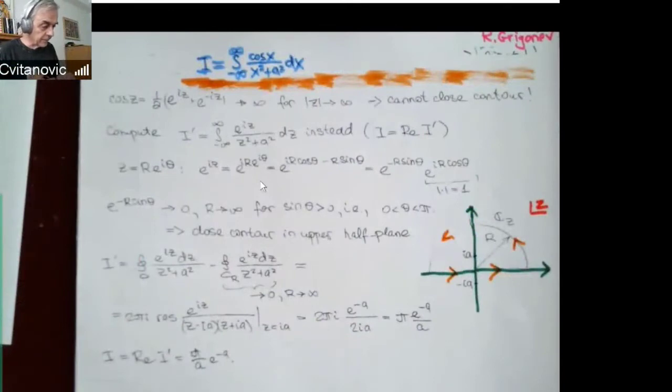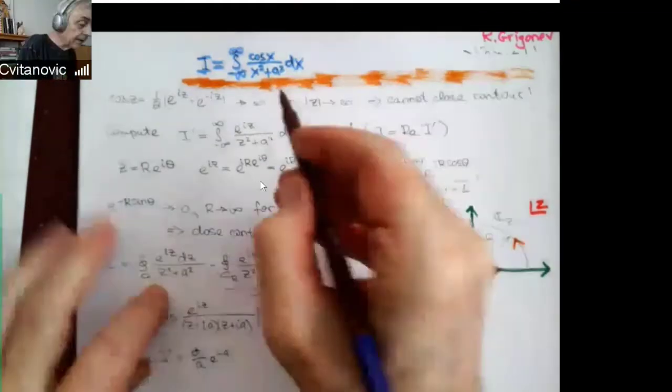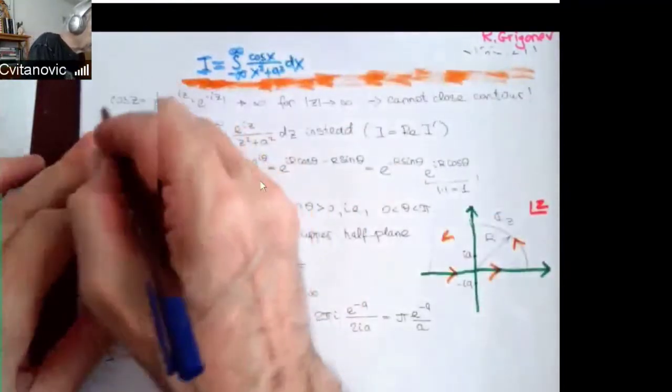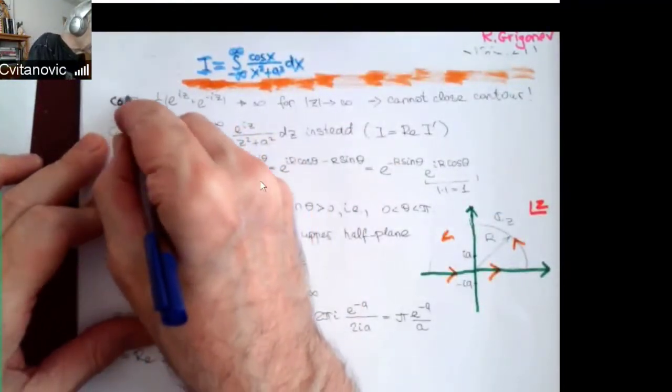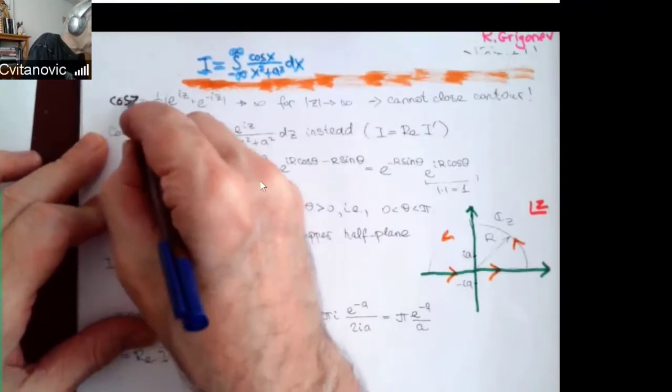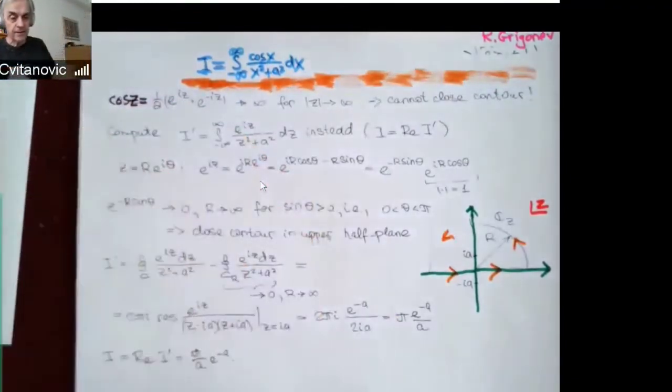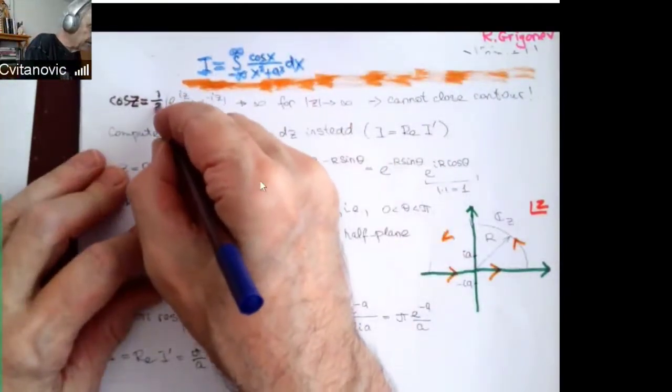An integral from minus to plus infinity of this one looks innocent because there is no singularity on the real line, because there is no pole. x squared plus a squared, for non-zero a, never encounters a singularity. I can try the same trick. I can say, well, let me complexify it again by saying cosine x, let's call it cosine z, where on this line of integration z equals x because there's no imaginary part.